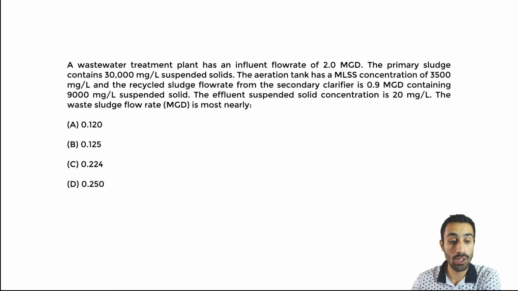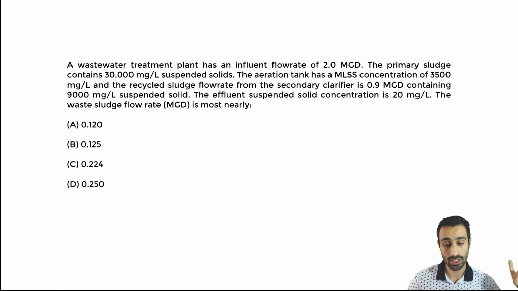The primary sludge contains 30,000 milligram per liter of suspended solids. The aeration tank has a MLSS, mixed liquor suspended solids concentration of 3,500 milligram per liter, and the recycled sludge flow rate from the secondary clarifier is 0.9 mgd, containing 9,000 milligram per liter suspended solids.